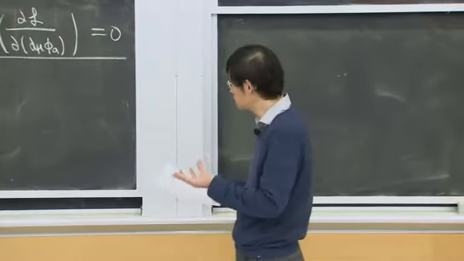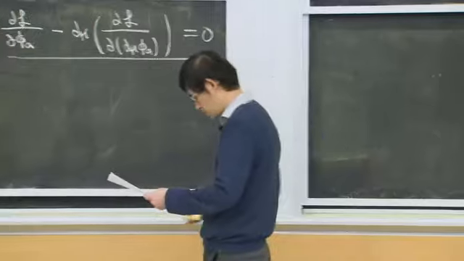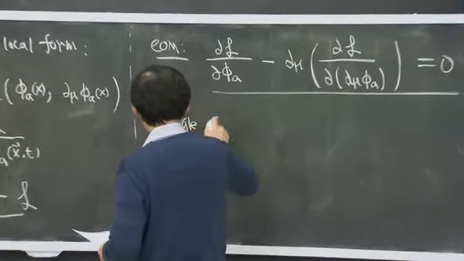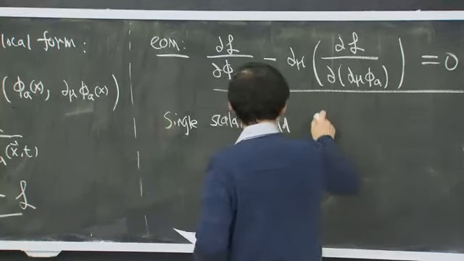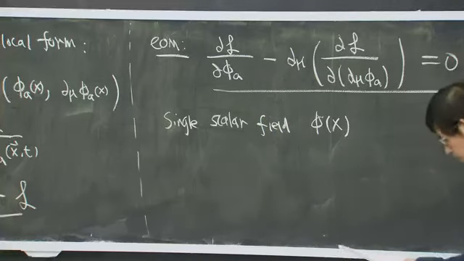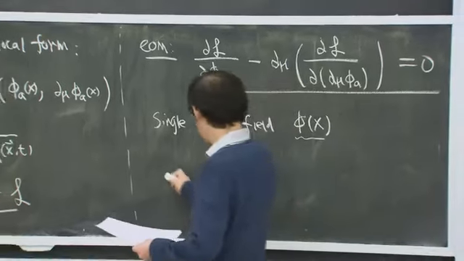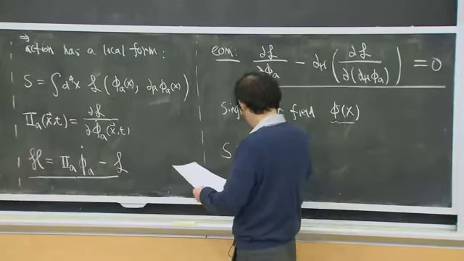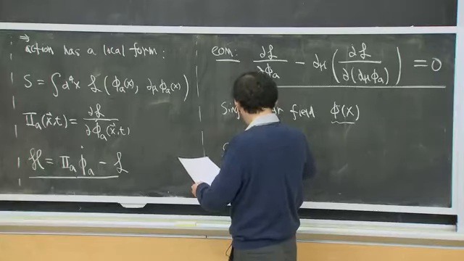The simplest example would be a single scalar field, which has no index; phi just depends on the space-time point x. And then the simplest action for such a scalar field, you can write down based on general principles, has this form.